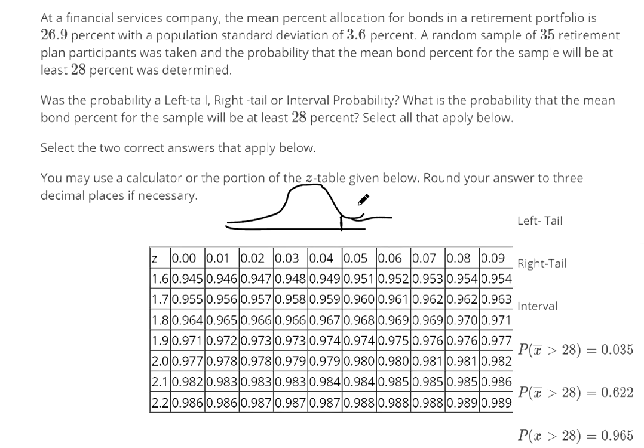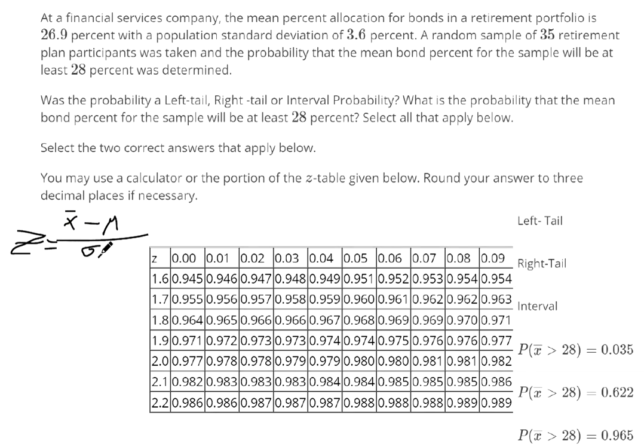So they gave us a z-table. That's a hint that we need the z-score formula. Z equals, let's see, they're talking about the mean bond percent, so we need the slightly modified z-score formula. Got to divide the standard deviation by the square root of the sample size.